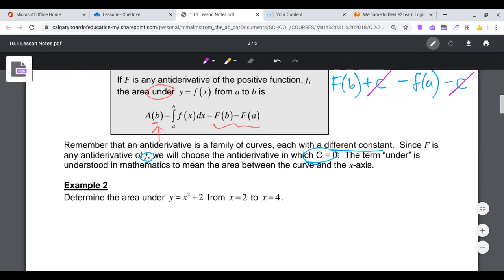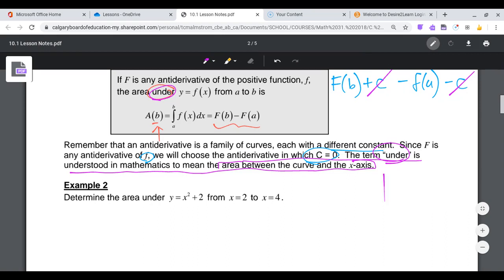The second part is actually really important here, so you might want to highlight it. The term under. This under is understood in math to mean the area between the curve and the x-axis. Between the curve and the x-axis. So we could actually be underneath the x-axis.